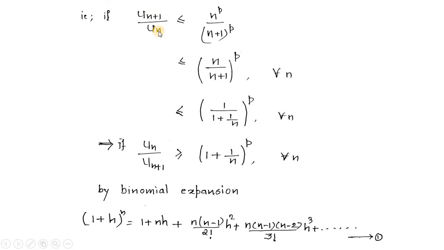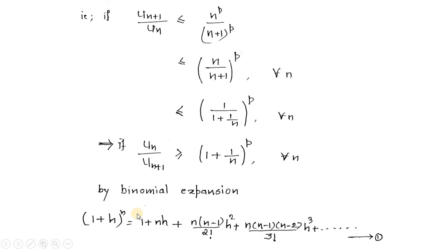That is, we substitute the values of un plus 1 and un, so we have n raised to p divided by (n plus 1) whole raised to p, and simplifying this, we have 1 by (1 plus 1 by n) whole raised to p for all n. Taking the reciprocal of this term, un by un plus 1 is greater than or equal to (1 plus 1 by n) whole raised to p for all n.